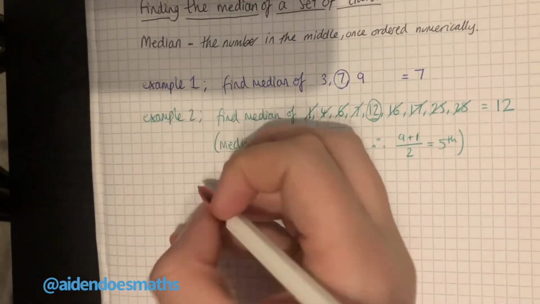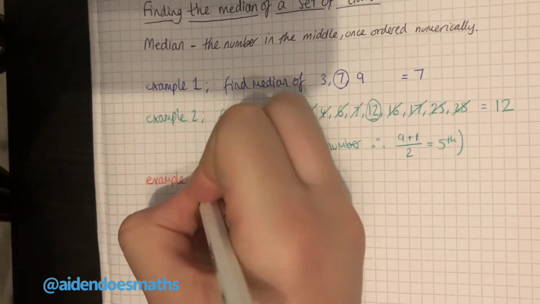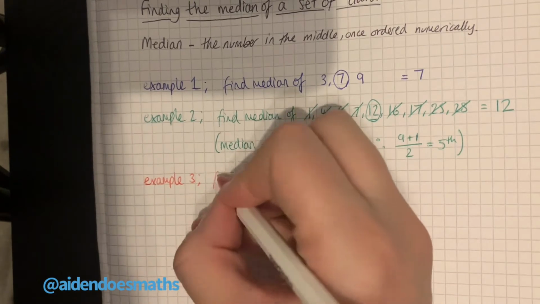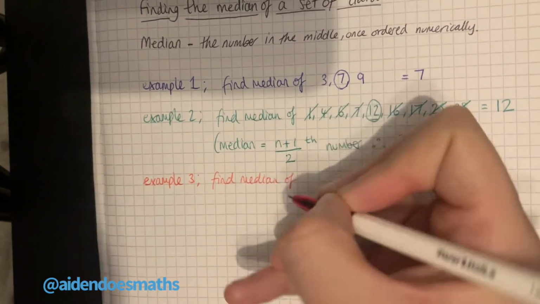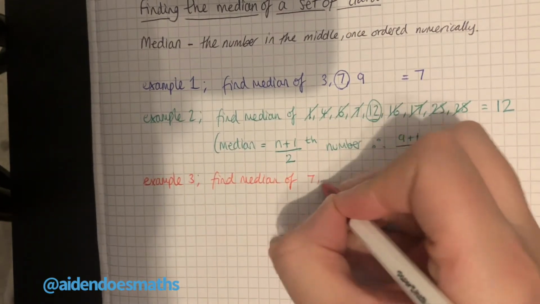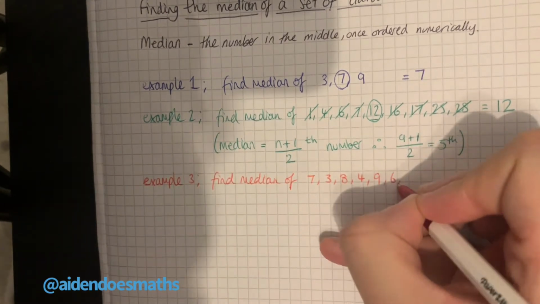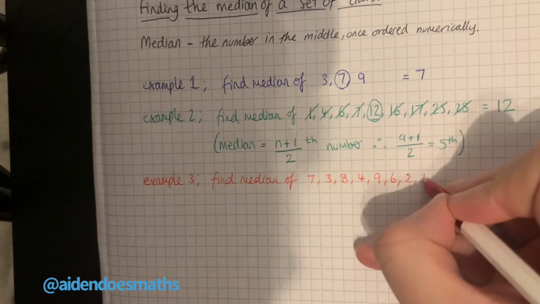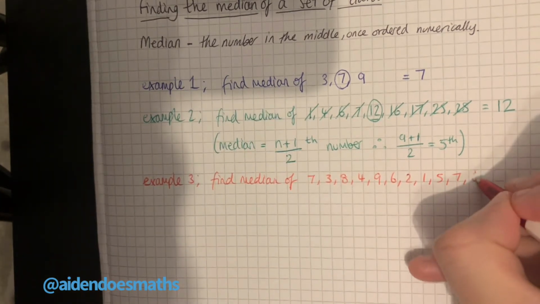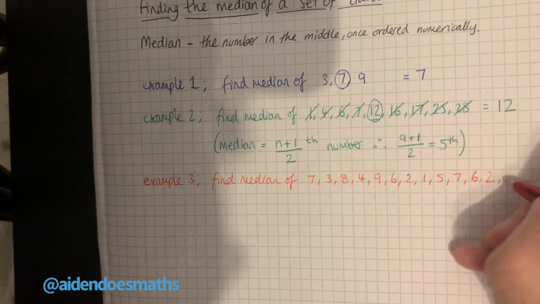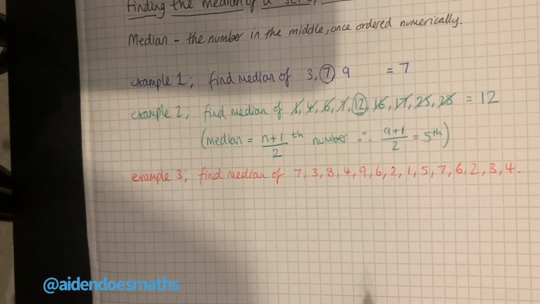Okay, our final example, we're going to use an unordered set of numbers. So if we look at this list, okay, so there's our full set of numbers.